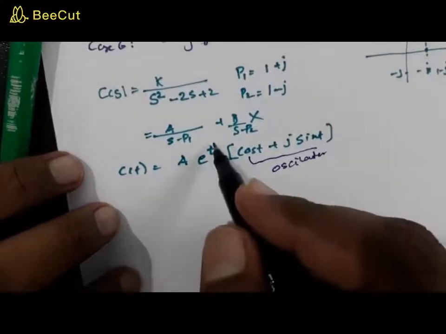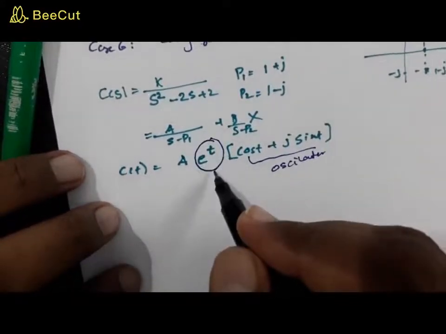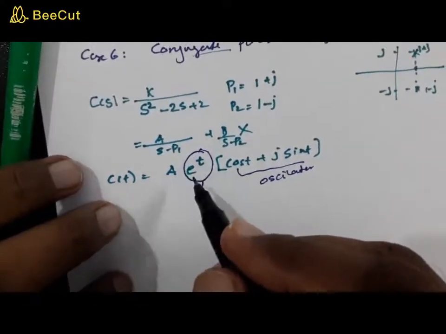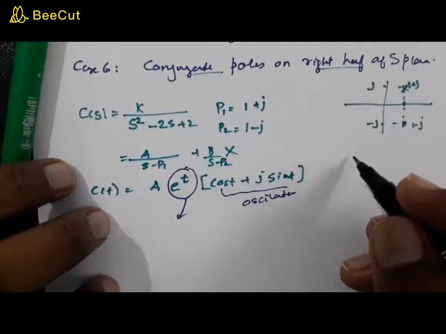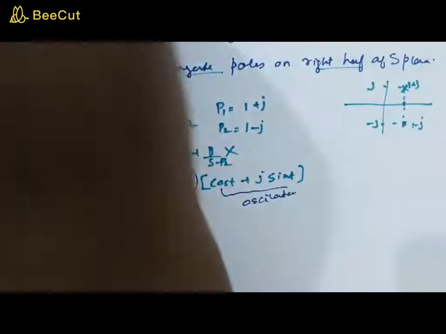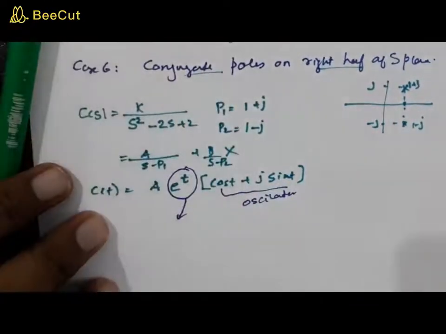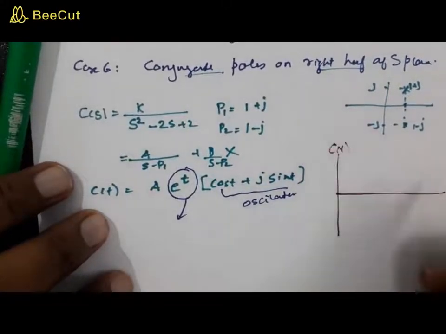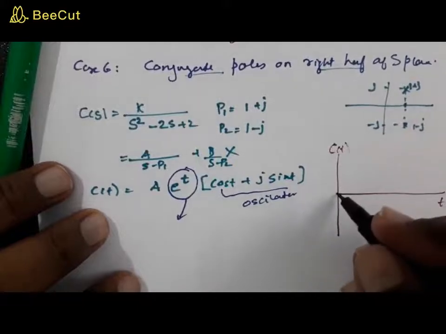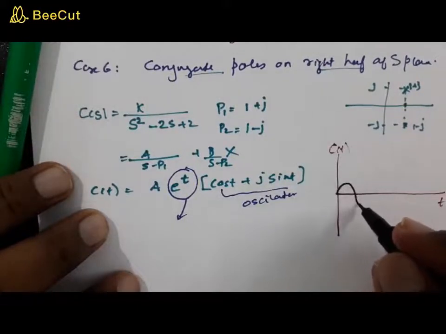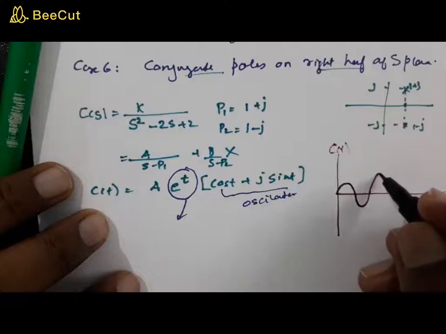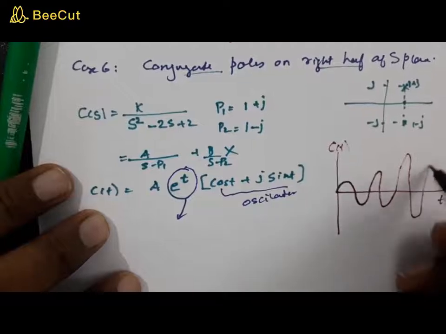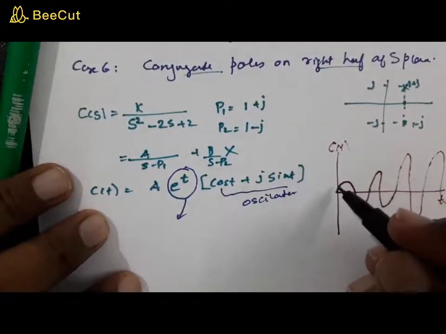And not only that, this e raised to t is going to be a problem, because as time increases, this function increases exponentially. So when you try to draw the graph of c of t versus t, it starts with the oscillation cos t, and as the cycle increases, the figure you should draw a bit more clearly.